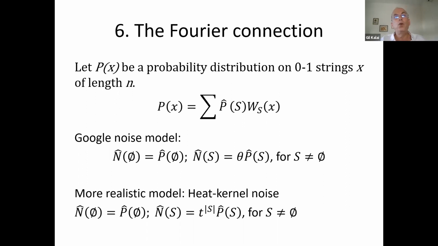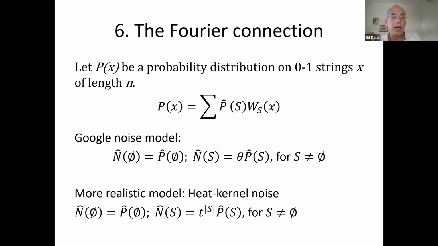And now when we look at the noise with the eyes of the Fourier expansion, we see that the Google noise model is very simple. The Fourier coefficient which corresponds to the empty set remains the same, and the Fourier coefficient which corresponds to every other set is multiplied by this fidelity phi. So this is the Google noise model.